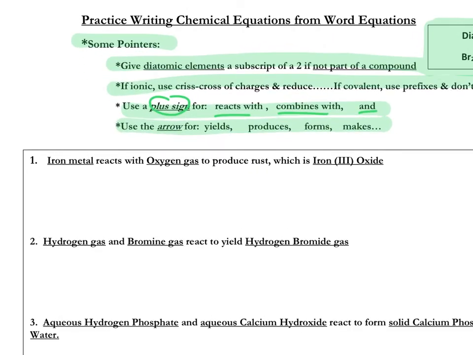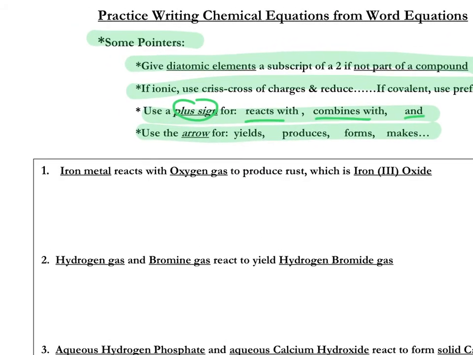So let's practice here. Here I've got iron metal reacts with oxygen gas to produce rust, which is iron 3 oxide.